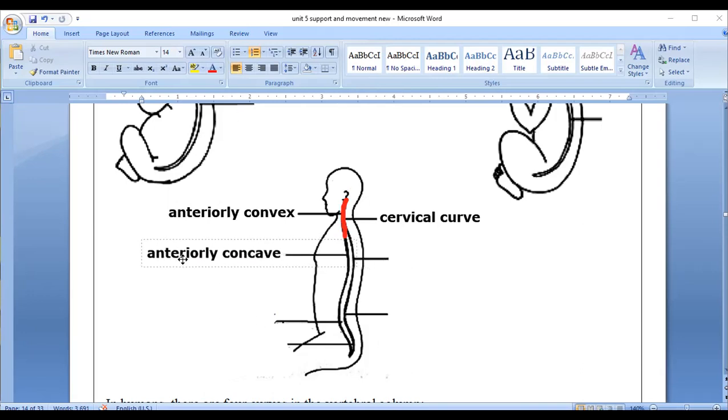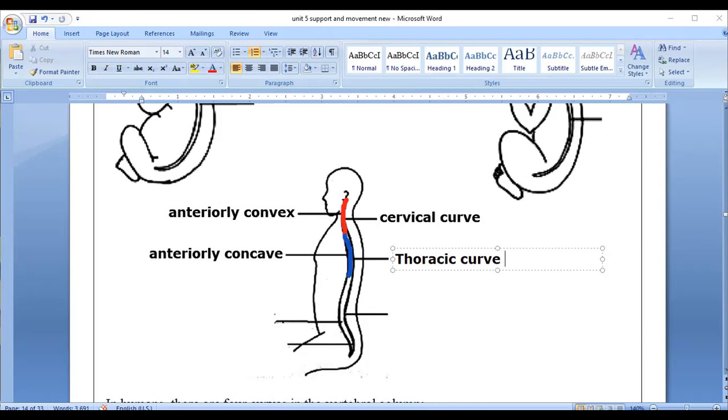Correct? Yes, sir. That primary curve is anteriorly concave like this, correct? Yes, sir. And what is the name of that curve? Thoracic curve. So the thoracic curve is a primary curve. Understood?